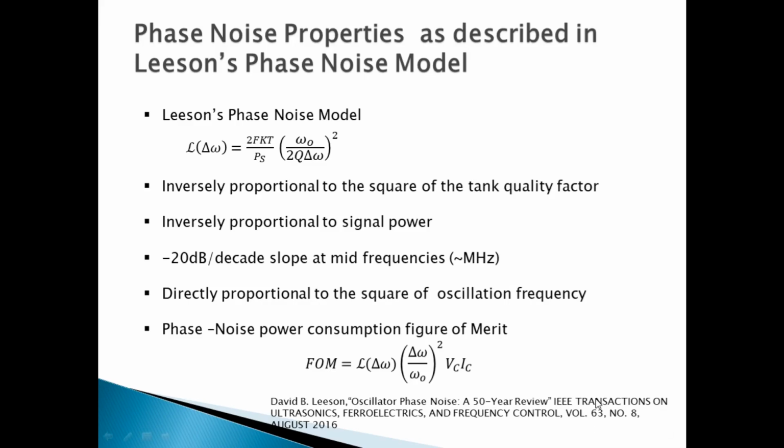So an oscillator that consumes less power will suffer from less phase noise. So the figure of merit allows comparisons of various LC oscillators, and generally the phase noise that we talk of is around minus 140 dB.